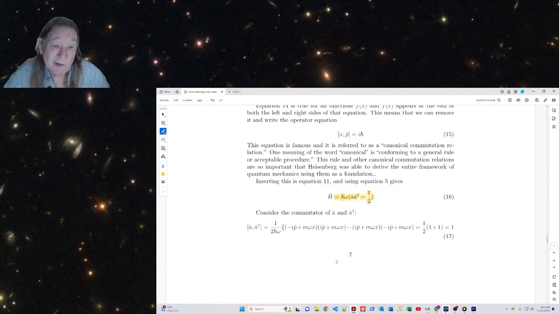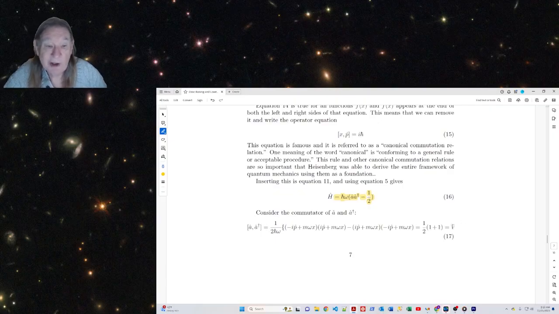Now, speaking of commutators, what's the commutator of A and A dagger? Well, we just substitute A and we substitute A dagger, put them in both orders and take the difference. What you get is 1 plus 1, and you get half of that.